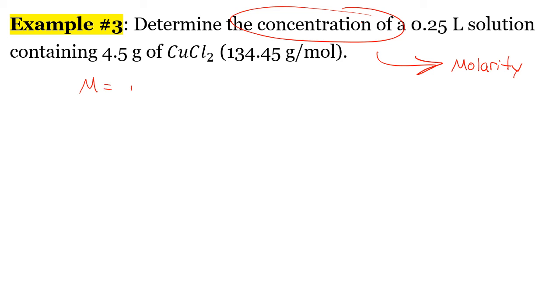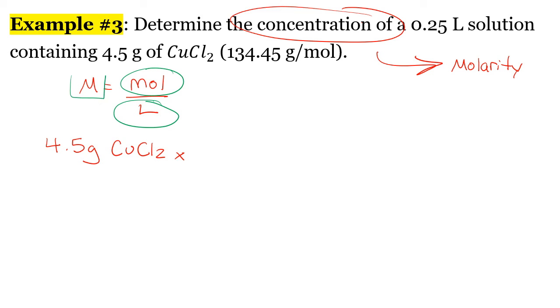Molarity is equal to moles over liters. So working backwards, we're going to take our given, which is 4.5 grams of copper chloride, and we need to turn that into moles, okay? Because we're given in the question the liters, and we're given a mass, which will turn into moles, and the question is asking for molarity, or concentration.